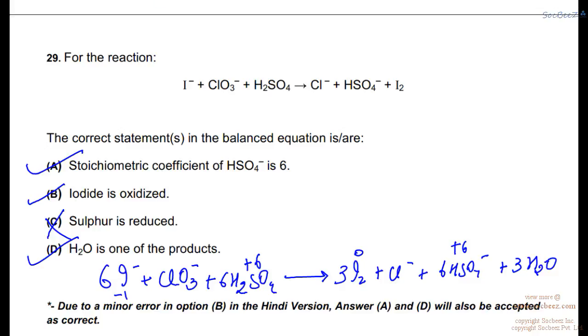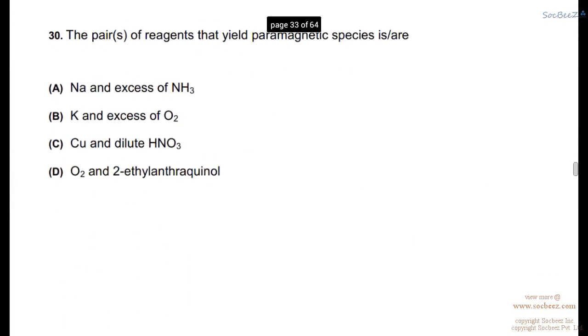Okay, so now let's move on to another question. The pair of reagents that yield paramagnetic species are: Na in excess of NH3, yes, it yields a paramagnetic species.